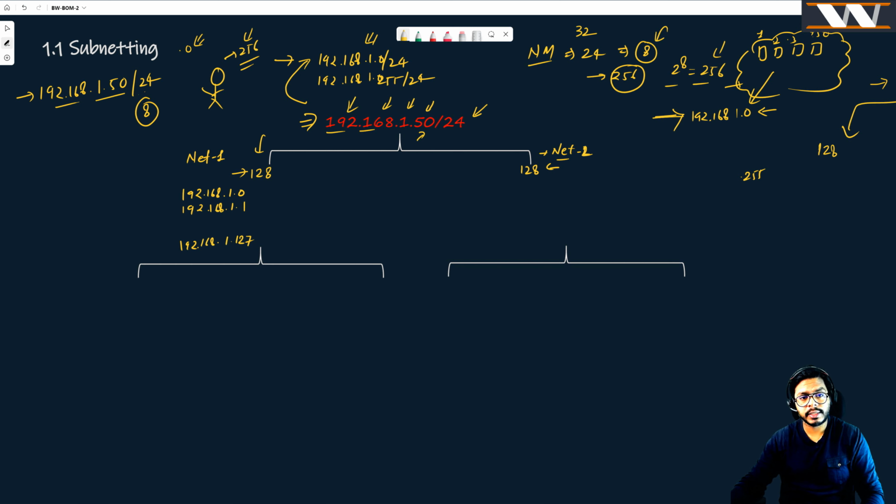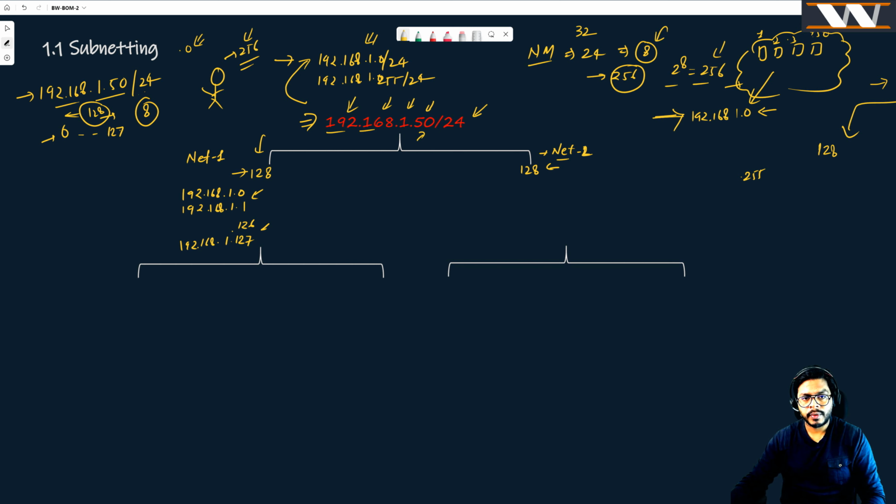Why 127? You can argue with me. This contains 128 because if you count from 0 to 127, those are going to be 128 because you are starting from 0. It is as simple as that, right? What is the IP address just before this? The IP address just before this is going to be 126.